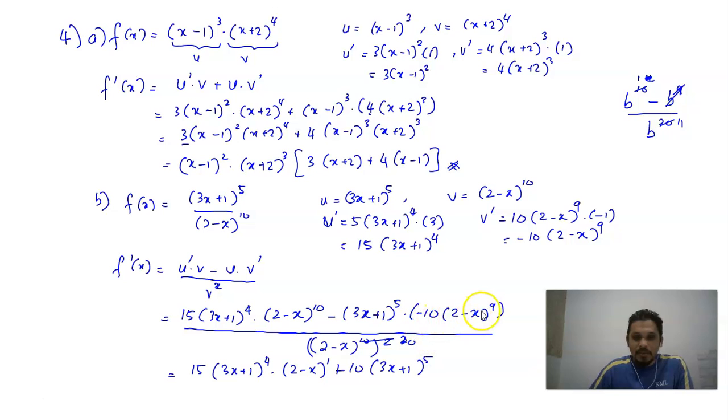And then this one here, everything being equal, divide by 20 here, so nothing left, and everything divided by (2 minus x) to the power of 11.